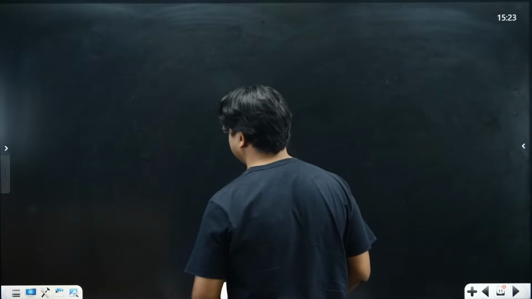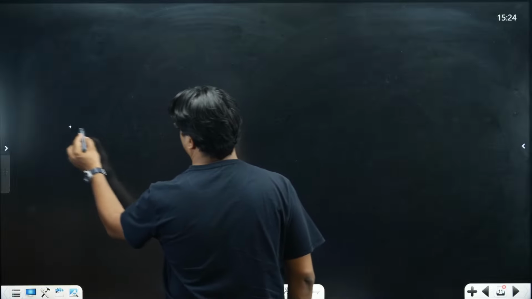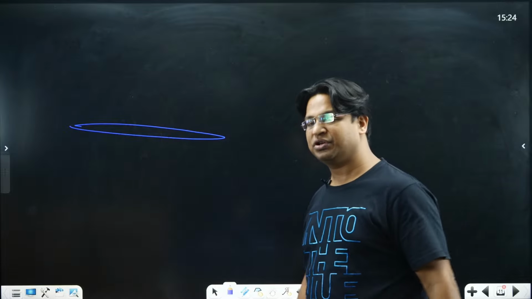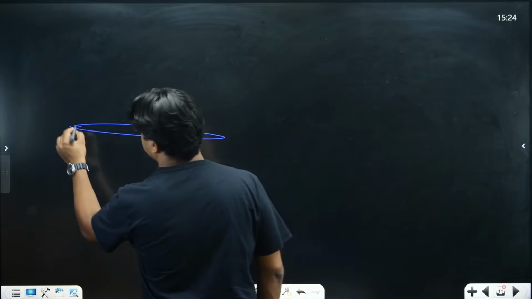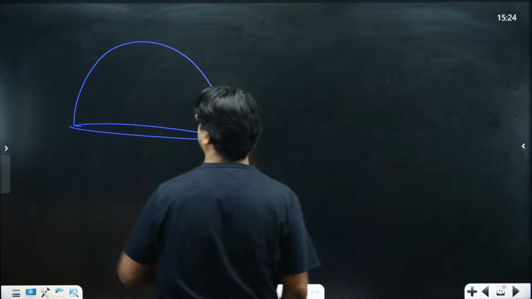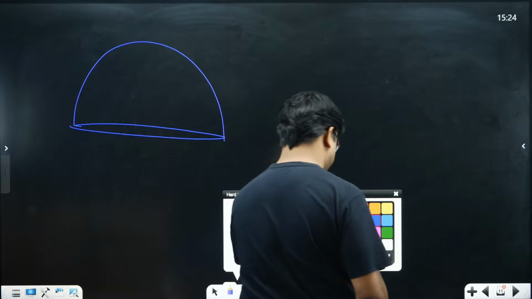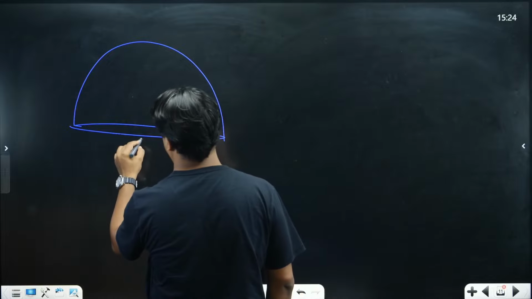Now let us consider a situation in which again we are taking a portion of a sphere, but this portion is in the form of, let's say, a watermelon slice, like how we cut a watermelon. So I'm talking about this.